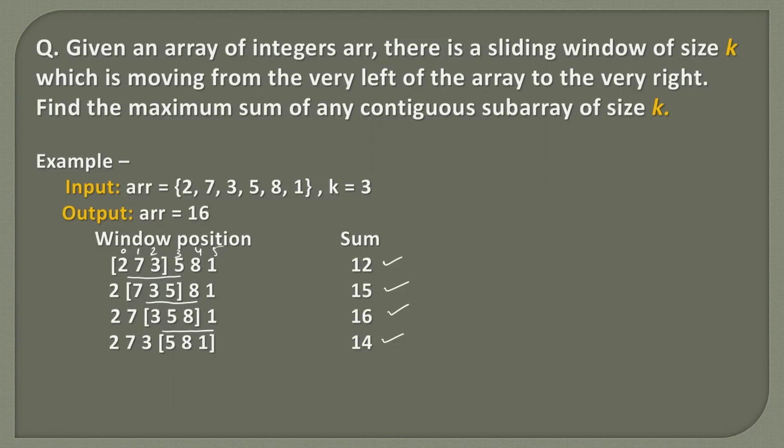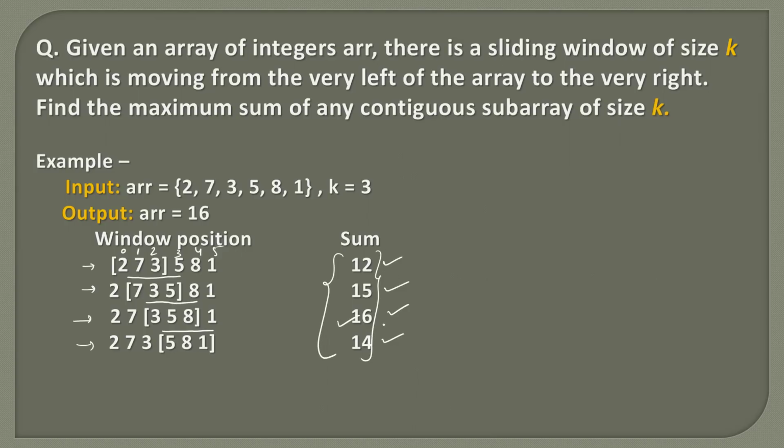So here you can see we had 6 elements, and with a sliding window of size 3, there were 4 subarrays of size 3: from 0 to 2, from 1 to 3, from 2 to 4 and from 3 to 5, and their sums are 12, 15, 16 and 14. Among these 4 sums, 16 is the max.